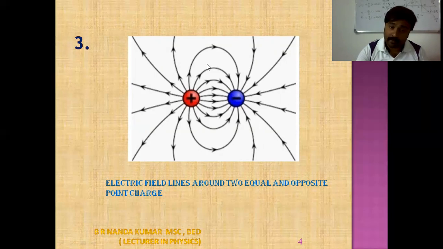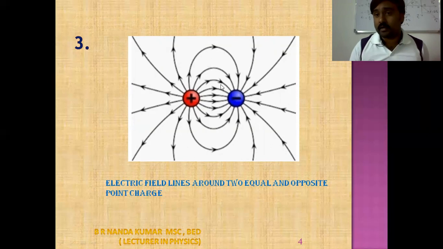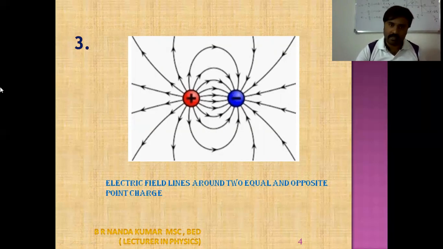So this point is very important: the electric field line starts from the positive point charge and terminates or ends on the negative point charge. And electric field lines contract lengthwise, which represents the force of attraction between two equal and opposite point charges.